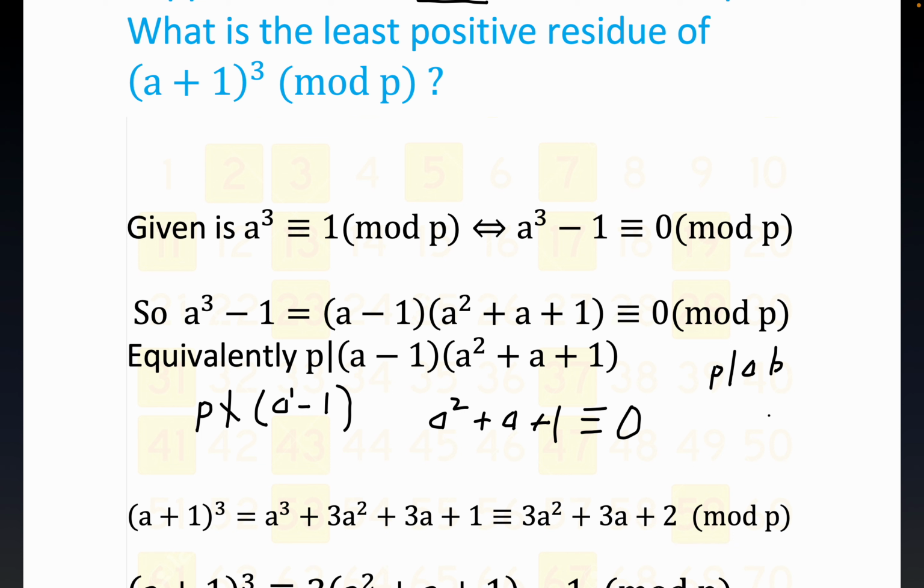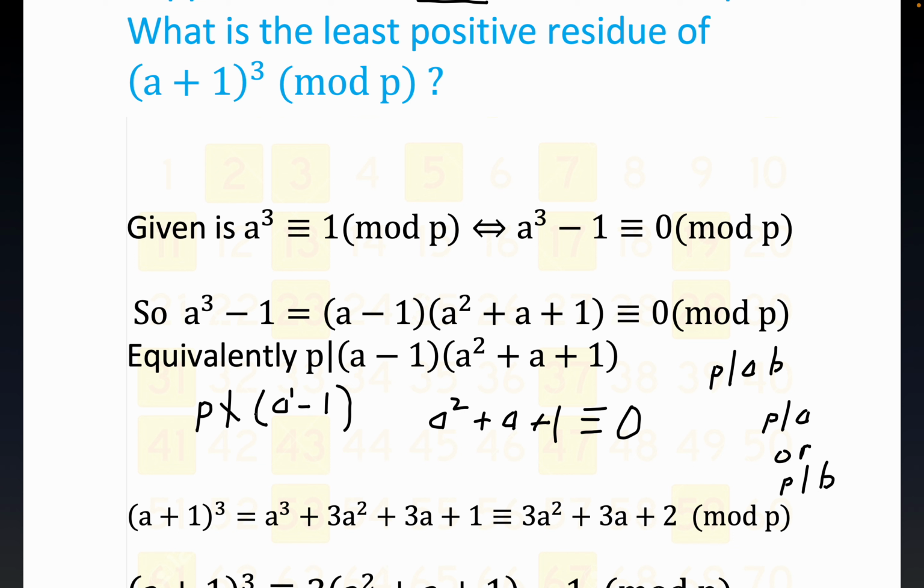Okay, so that implies that p divides a or p divides b, right? A composite number does not have that property, okay, but a prime number does. And so that's what's going on right here.